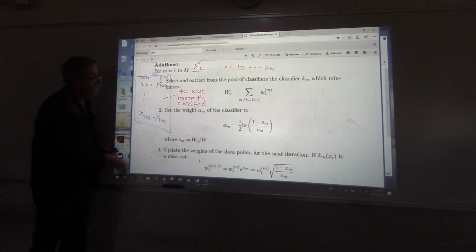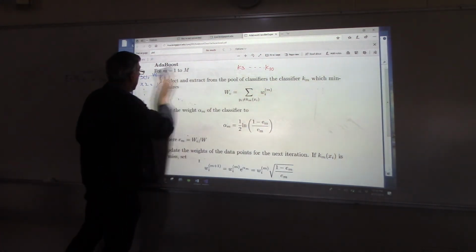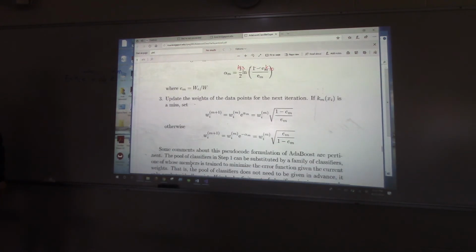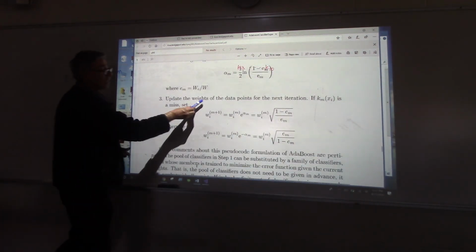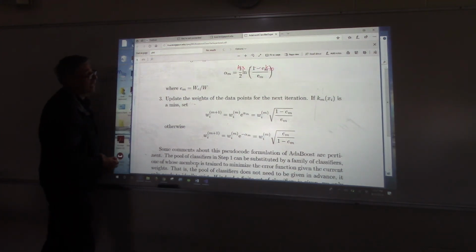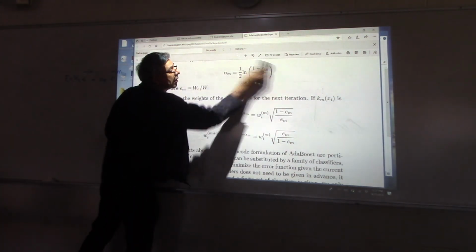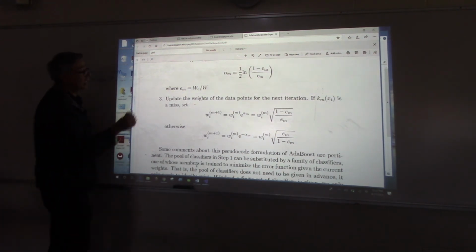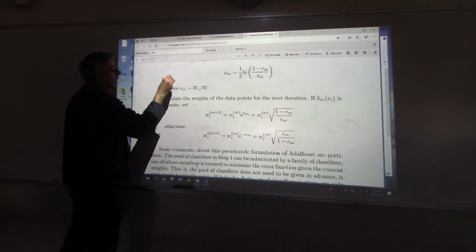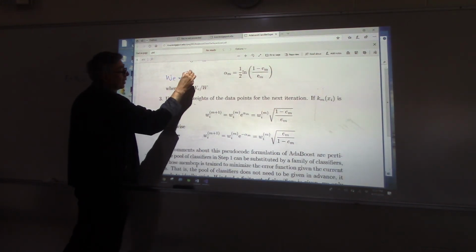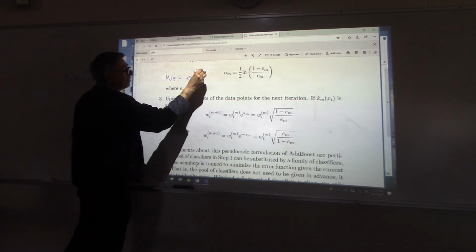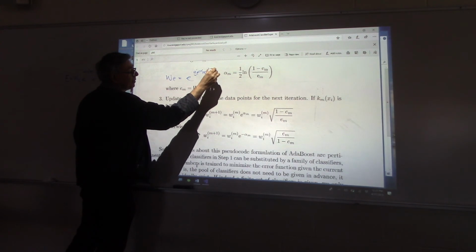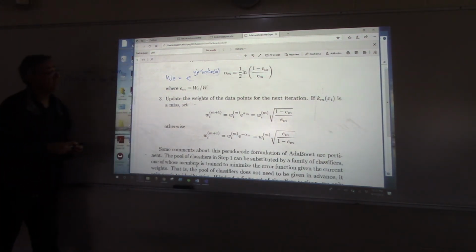Okay, how do we increase the weight of those? That is done by this. So update the weights for the next iteration. So this equation basically, if you recall, the error was defined as e raised to the power of something like y_i alpha_m k_m of x_i.